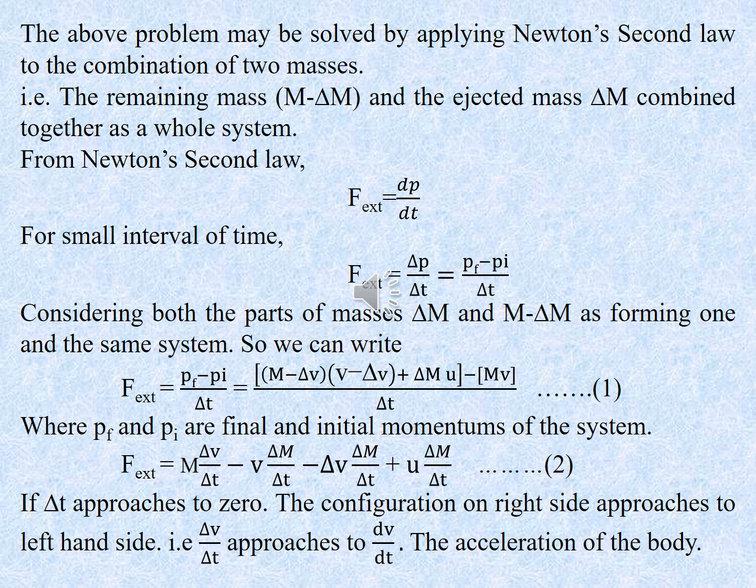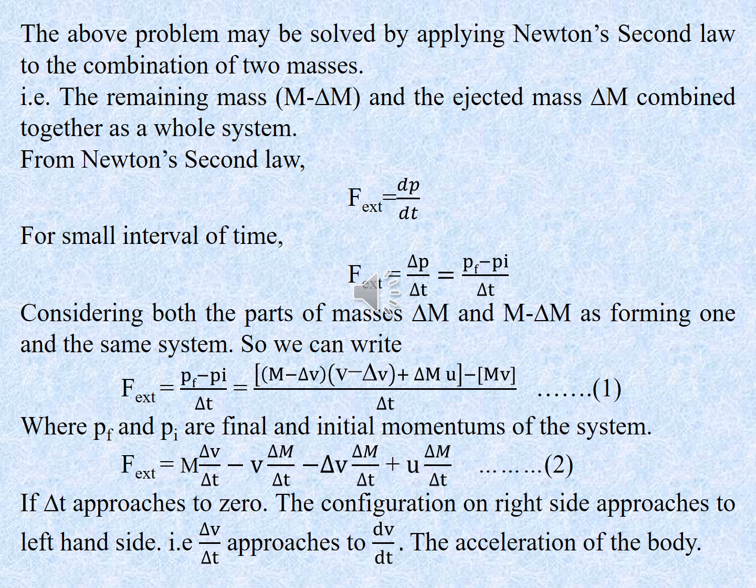The above problem may be solved by applying Newton's second law to the combination of the two masses, that is, the remaining mass m minus delta m and the ejected mass delta m combine to form the whole mass of the system.